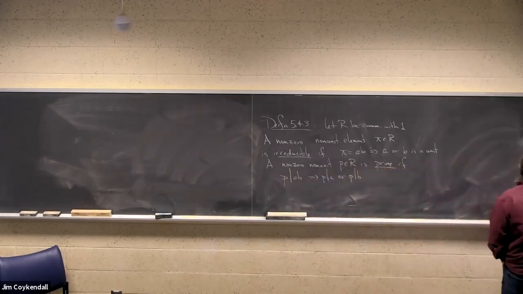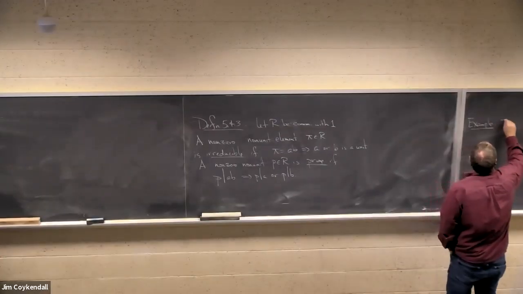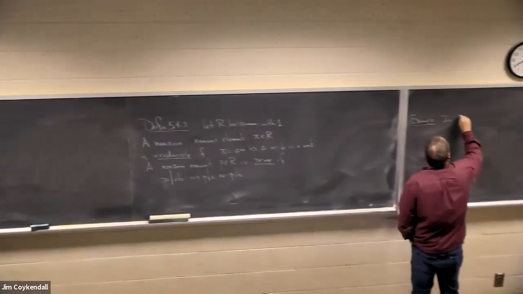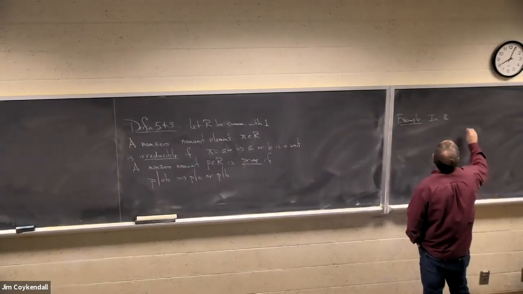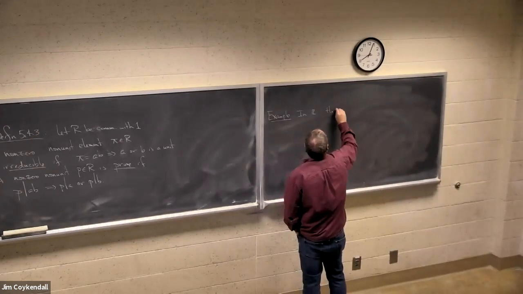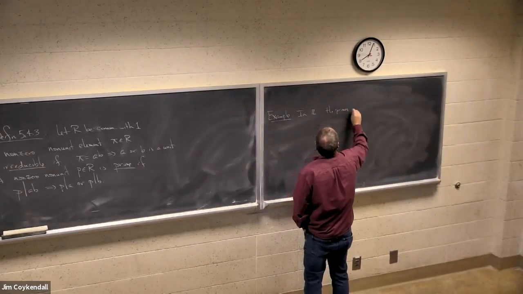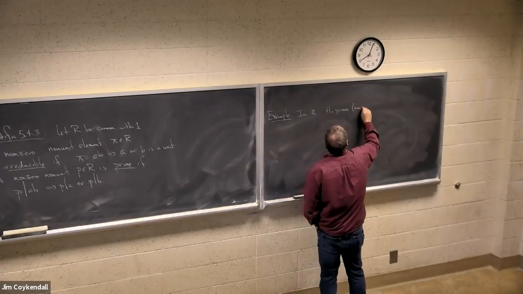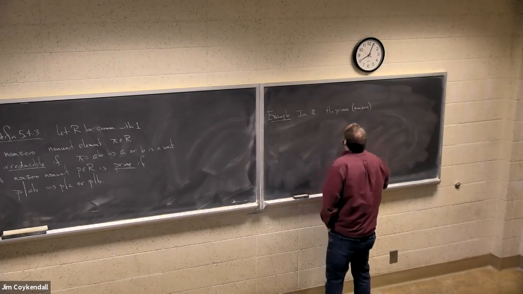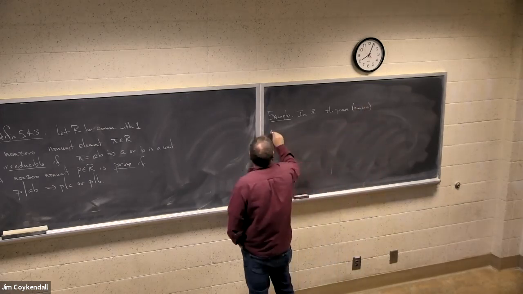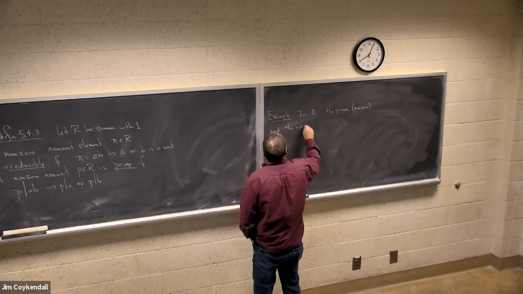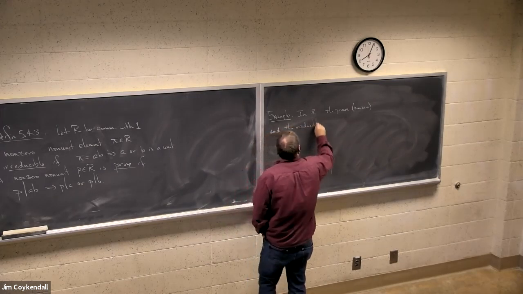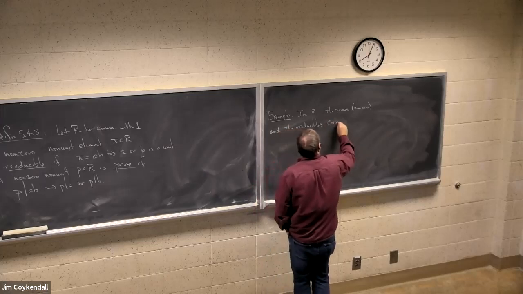Example. In Z, primes and irreducibles coincide.